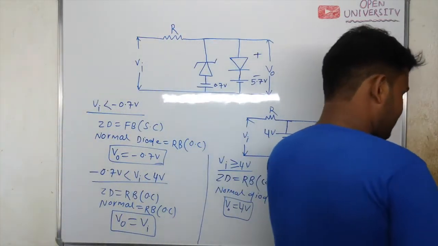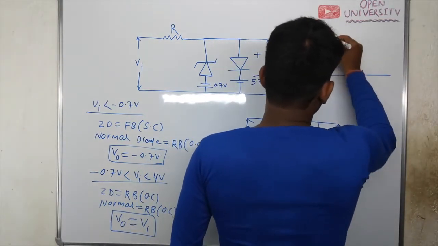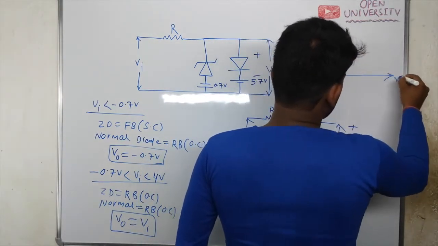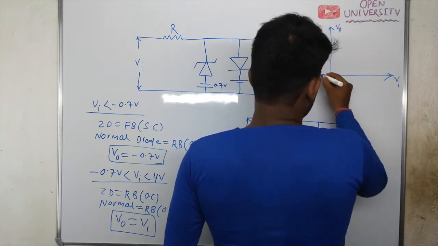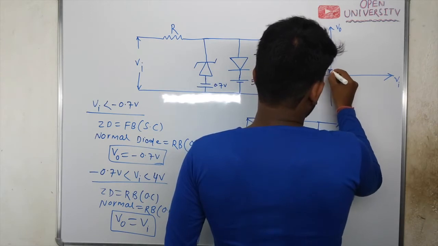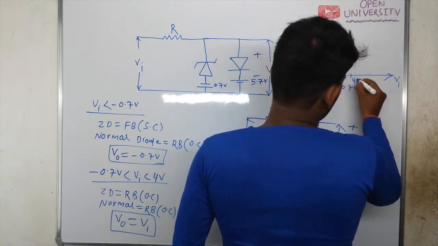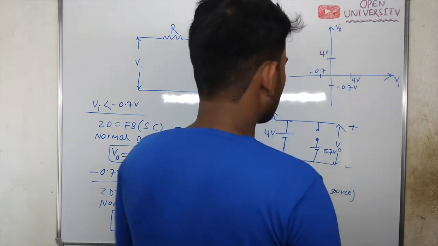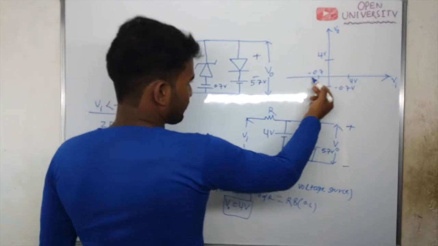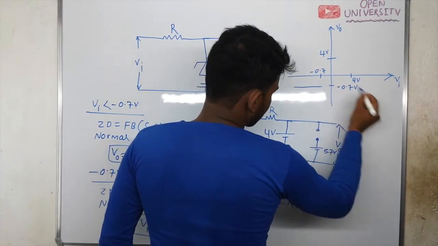Now plot the transfer characteristics. It is the graph between the input voltage Vi and output voltage V naught. Now this is minus 0.7 volt and this is also minus 0.7 volt. This is 4 volt and this is also 4 volt. Now if your input voltage is less than minus 0.7 volt, then output voltage will be equal to minus 0.7 volt.